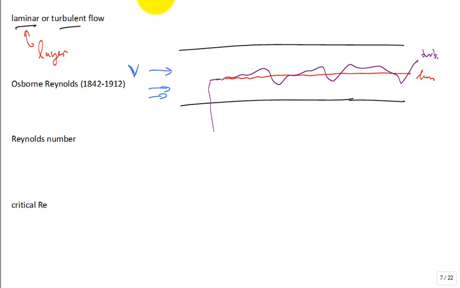So we honor him today with the Reynolds number for flow in a pipe, rho v d over mu, where d is the characteristic length. In general, the Reynolds number is just an unspecified length, some characteristic L, doesn't have to be diameter d. It's rho VL over mu.